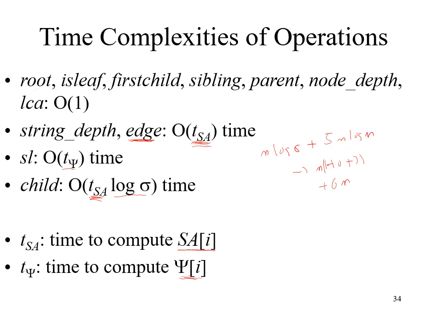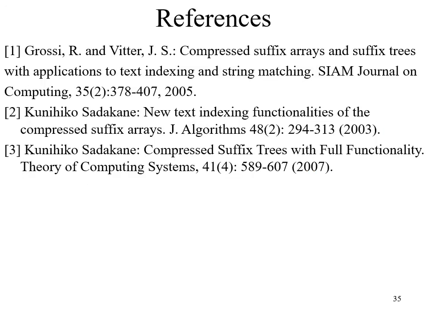This is much smaller than the original suffix tree. And these are the differences. The compressed suffix array is proposed in this paper, and this is about the self-index. And this is a compressed suffix tree.